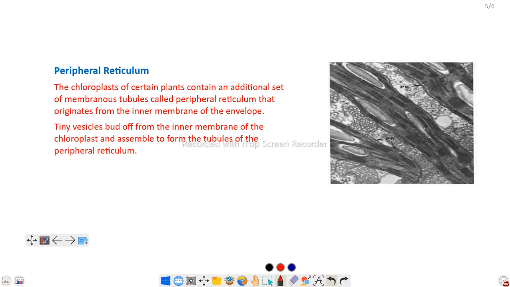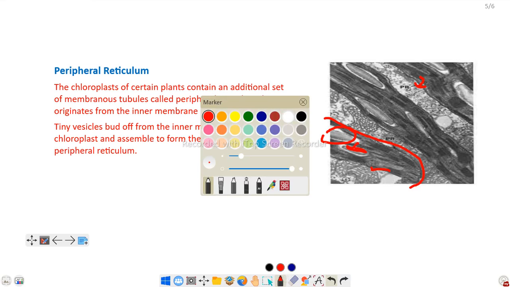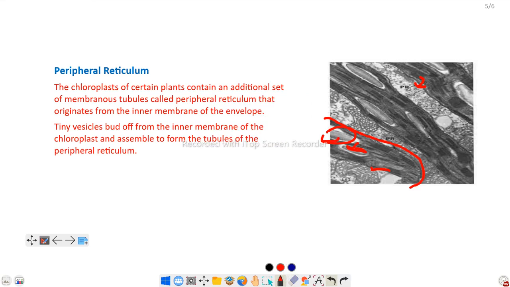This is a chloroplast, and this is the peripheral reticulum developed from the inner membrane. So in certain cases, it contains a set of membranous tubules called the peripheral reticulum, which is developed from the inner membrane of the envelope.